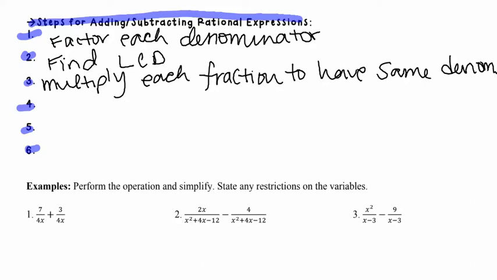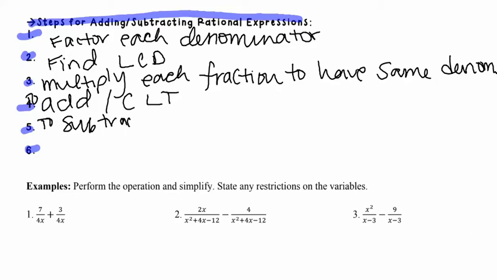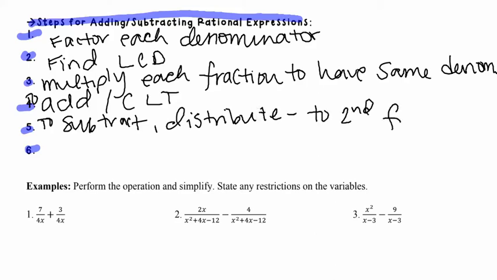Step 4, I'm going to add, or I just say CLT, which stands for combine like terms. That's if I'm adding. To subtract, and I'm going to hopefully show you a trick with subtracting because it's easy to mess up, you want to distribute the negative to the second fraction.